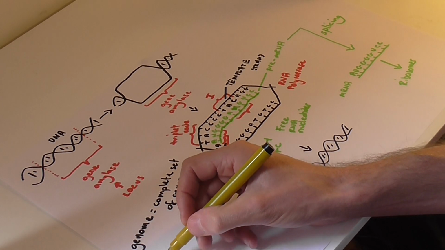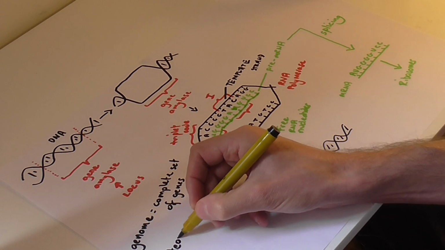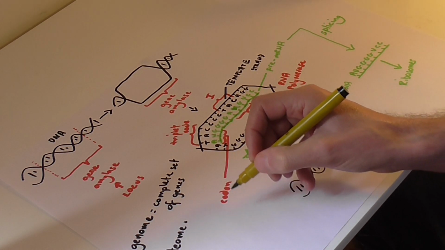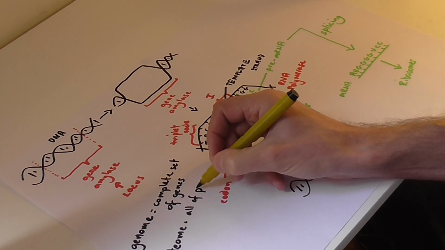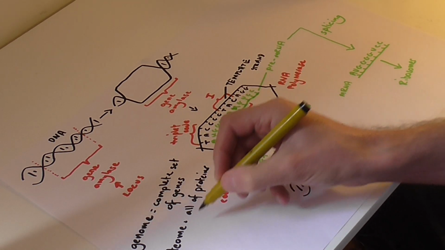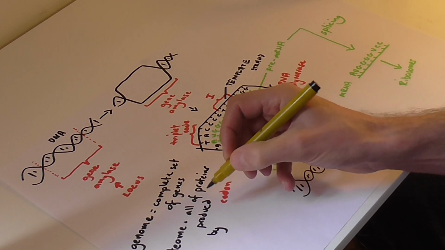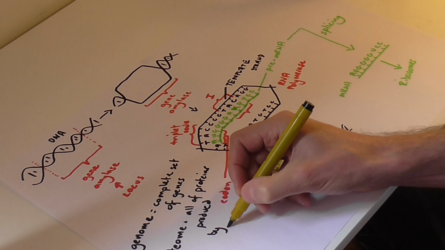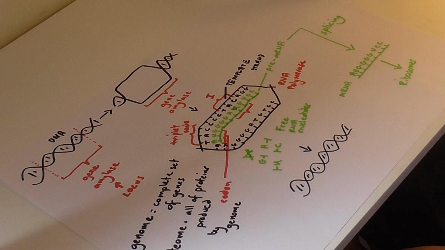And then another phrase is the proteome, and that's referring to all of the proteins which can be produced by that organism's genome. So genome, complete set of genes that an organism contains, and the proteome, which is all the proteins which can be produced by that genome.